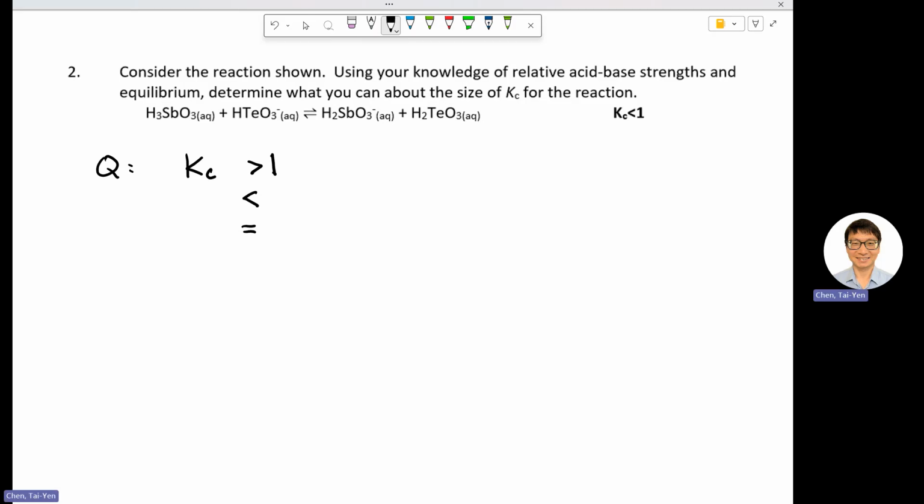So how do you solve these? The first thing to think about is that when we talk about Kc in chapter 12, we always say Kc is a ratio of product over reactant.